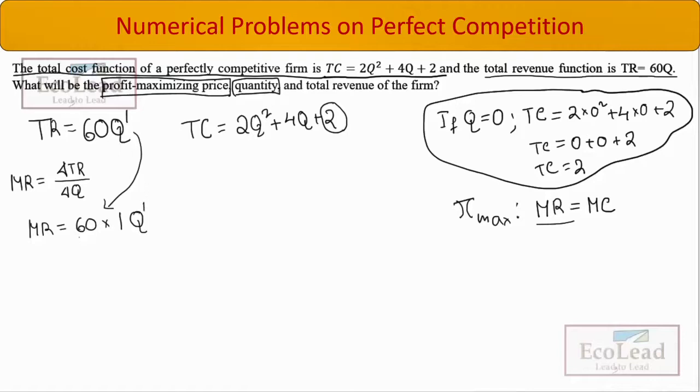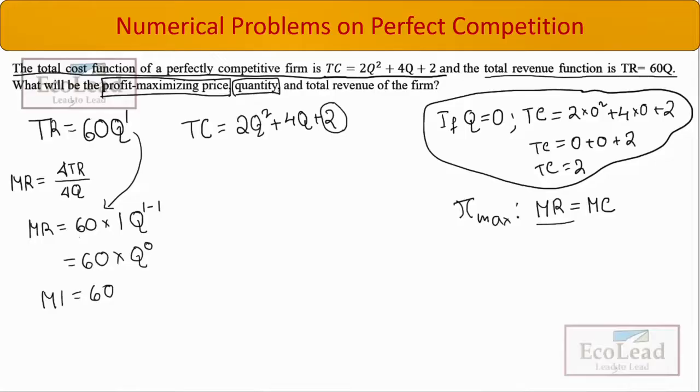That we deduct from the power 1. So 1 minus 1. So here it will be 60 into Q to the power 0. Now anything to the power 0 is equal to 1. So we can write it here 60.